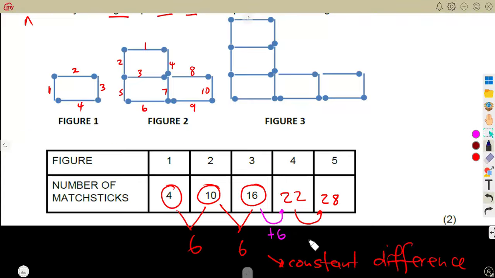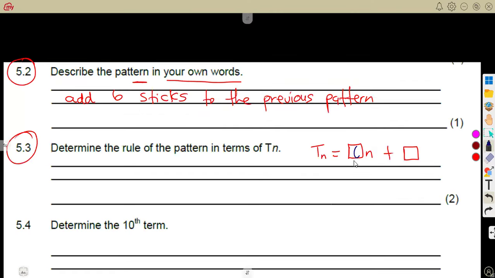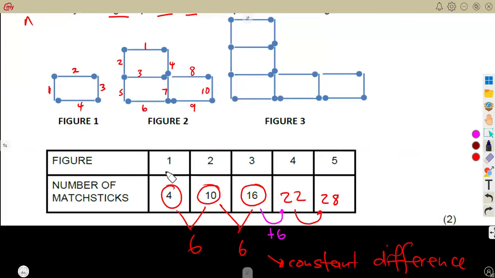So what is our constant difference? That is the 6 that we have been having before. So this is 6. To find what must be added, we use any position. So you can use the first one, figure 1, that's position 1, for pattern 1 the number in position is 4. So T1 is equal to 4. That is what it means.